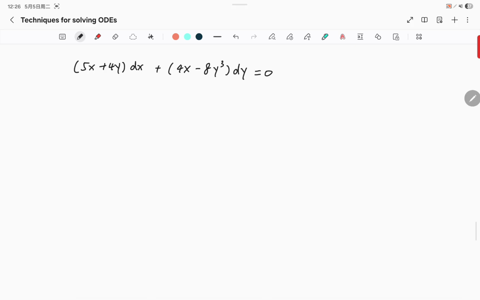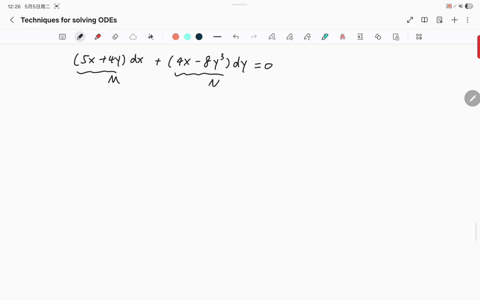This is a strong hint that we're going to use an exact equation, but we're going to check whether it is exact or not. So this is my M, this is my N. M is before dx, N is before dy. Now we're going to do the partial derivative the opposite way: del M over del y. We swap. I don't know why, we just remember this. Is it equal to partial N over partial x?